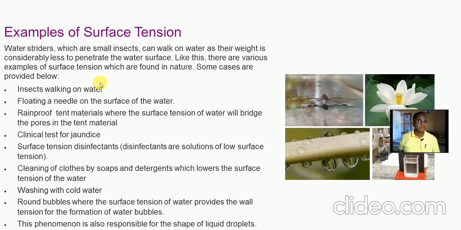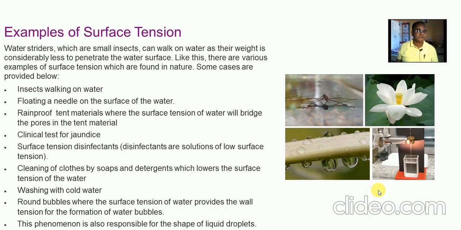Then some examples related to surface tension are given in this slide. Some insects can walk on water, a needle can float on the surface of water, and in rainproof tent material the surface tension of water bridges the gaps in the tent material. Clinical tests for jaundice and surface tension of disinfectants are also related examples.